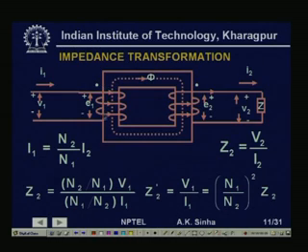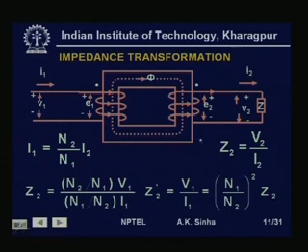A certain amount of flux may be flowing across this path, that is, it will not link both the windings. And that kind of flux we call the leakage flux. Therefore, we will take care of the leakage flux also.